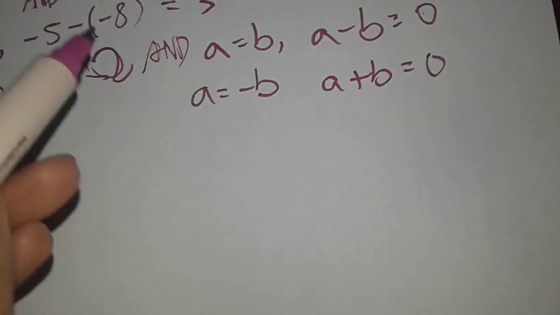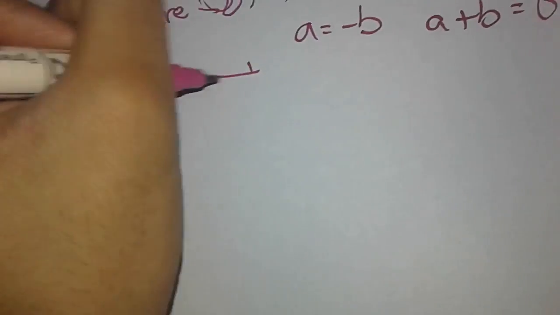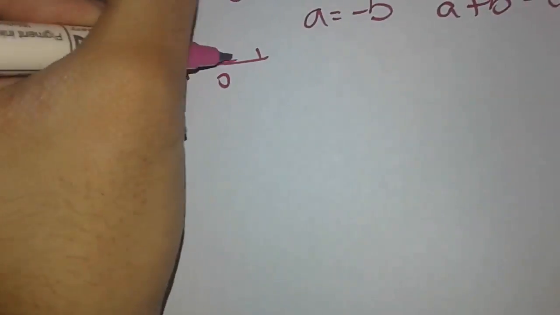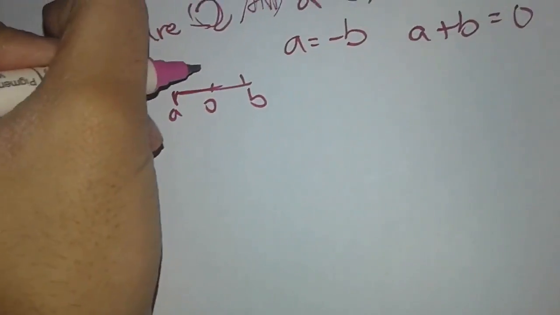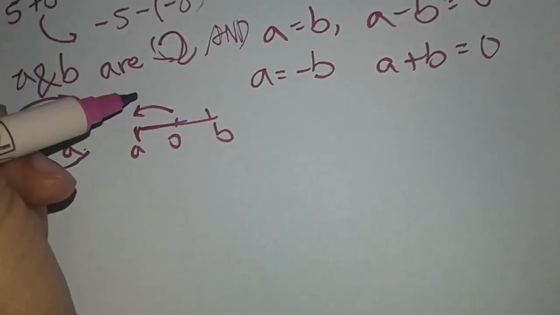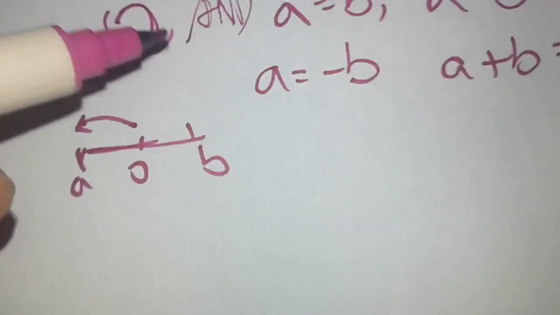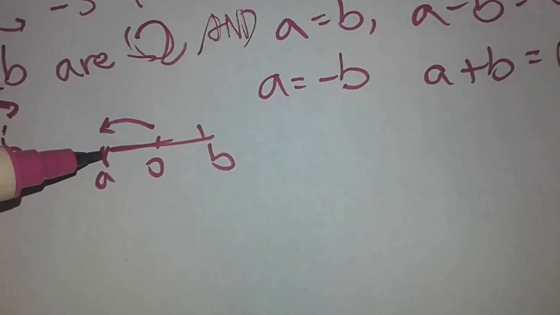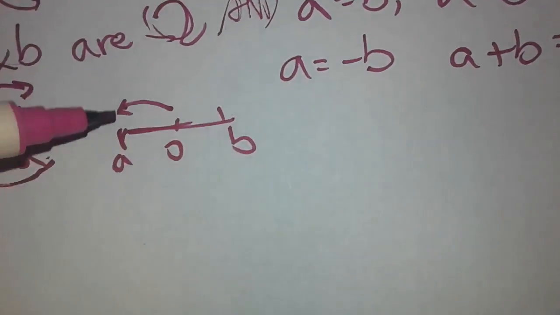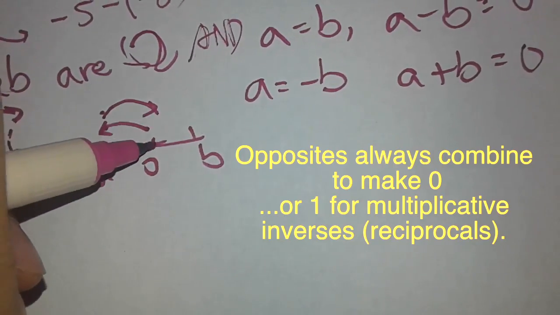Same thing happens if B equals negative A, and on the number line, if they are equidistant, whatever you have here, and then you add the same distance of B, you go back to 0.